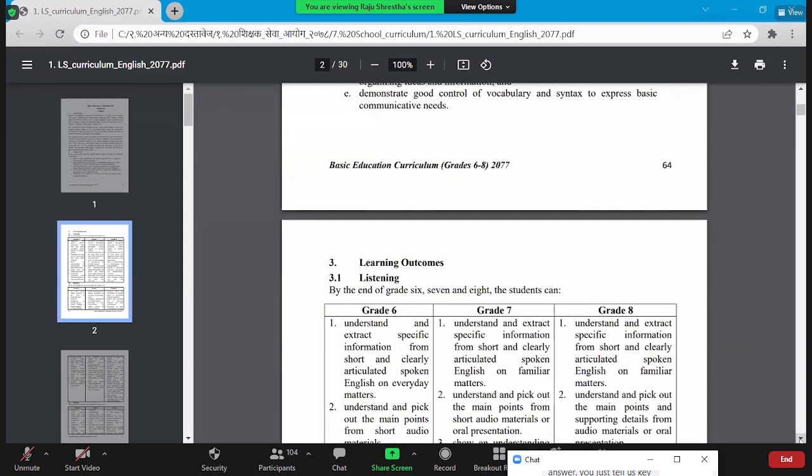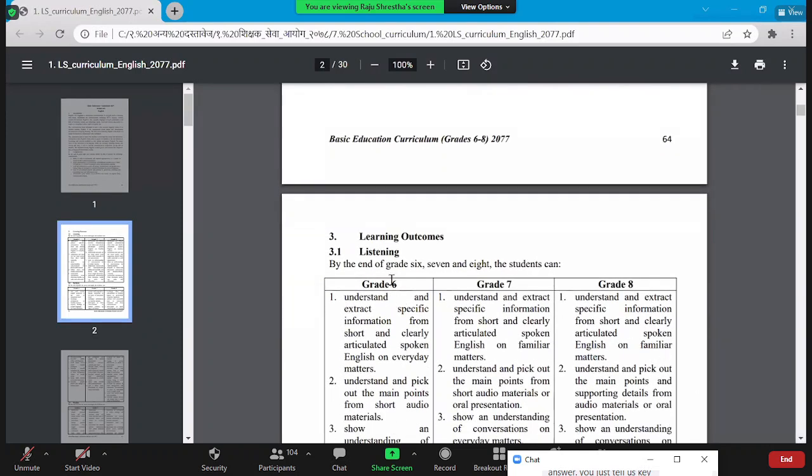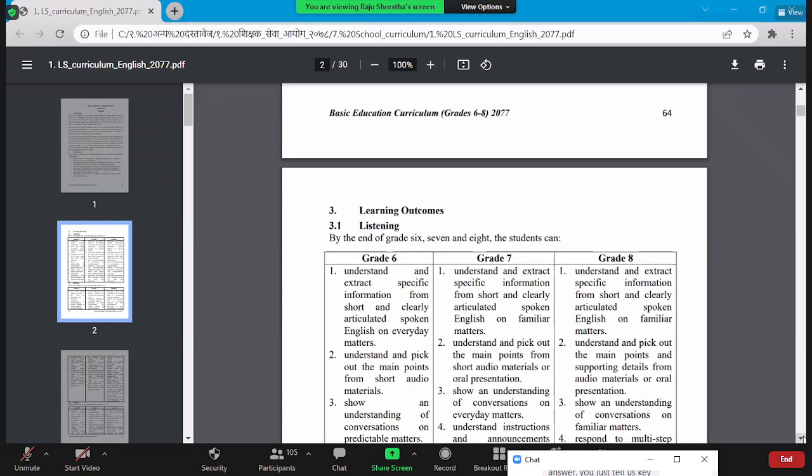But if the question asks what are the objectives of teaching listening to grade 6, grade 7, grade 8, to the lower secondary level, then we think of these learning outcomes. These learning outcomes are the objectives. At last, students are expected to achieve these learning outcomes at the end of grade 8.